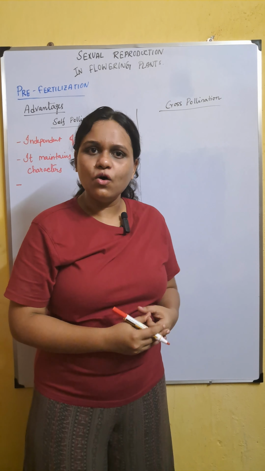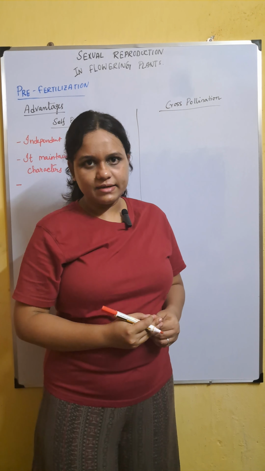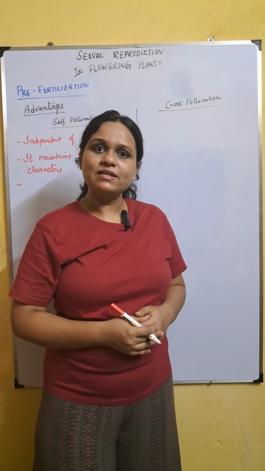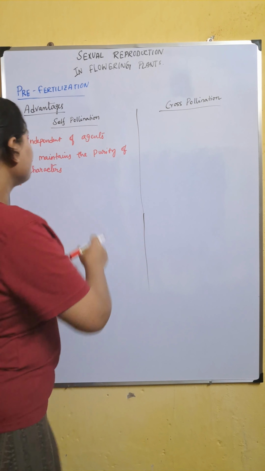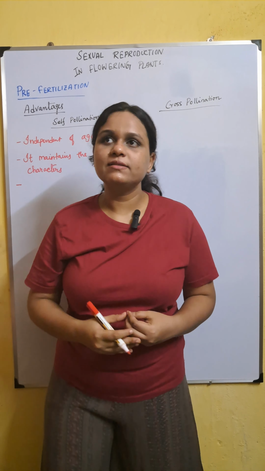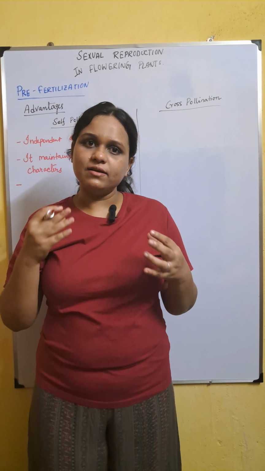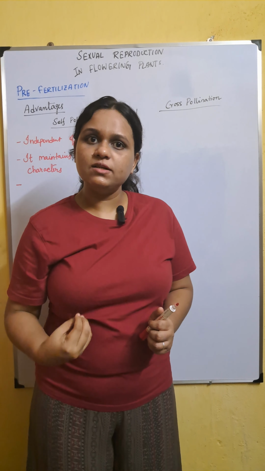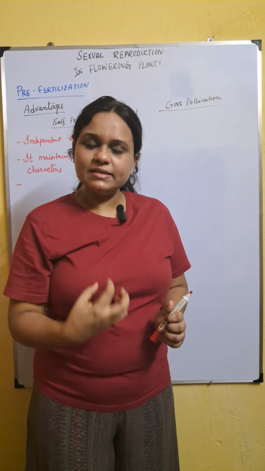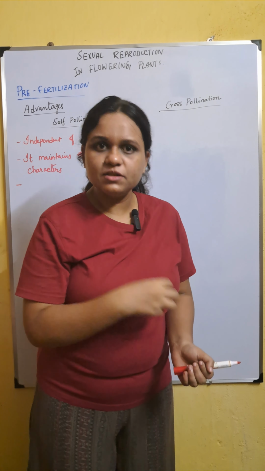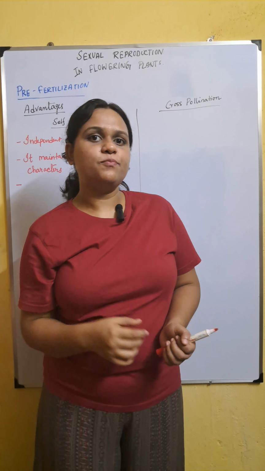So there is no mix up of characteristics because there is no hybridization, there is no cross. For example, if a plant produces a very good quality of ripened fruit, this character will be maintained from parents to the offspring in case of self-pollination.